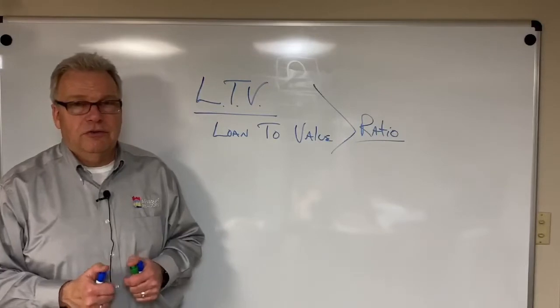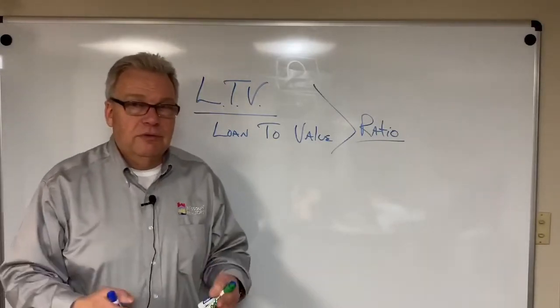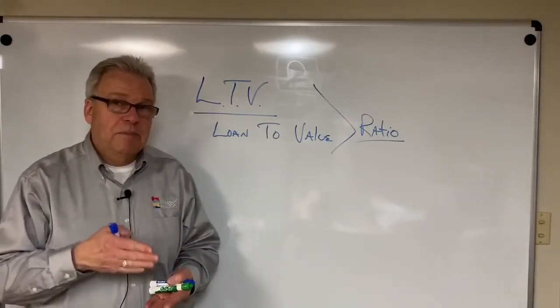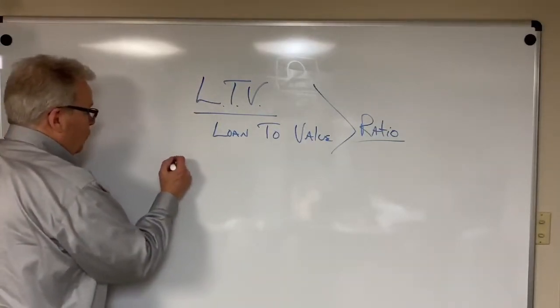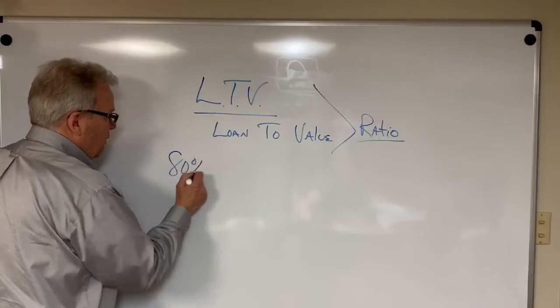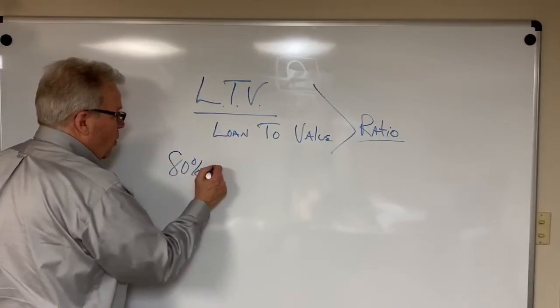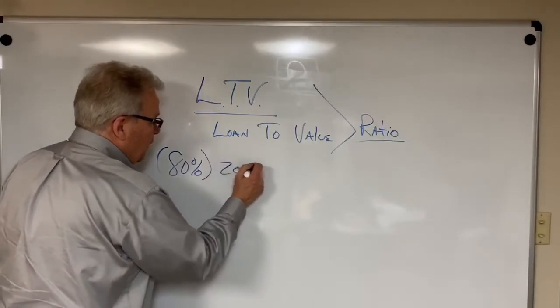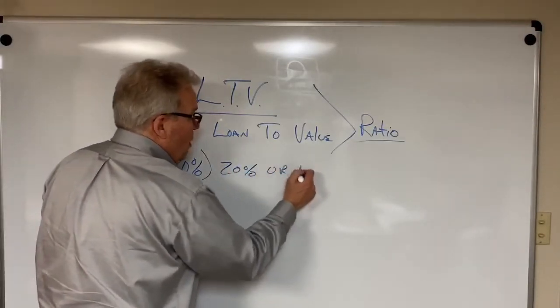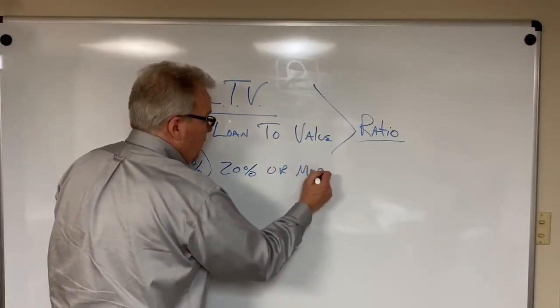Mortgage Guarantee Insurance Corporation is one of those vendors out there, but it's called PMI. So just remember, if you have 80%, that's what they're looking at. They want 20% or more as a down payment.